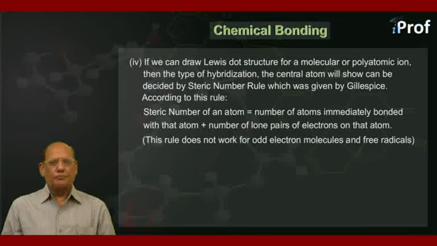According to this rule, the steric number of an atom is equal to the number of atoms immediately bonded with that atom plus the number of lone pairs of electrons on that atom. Mind it, this rule does not work for odd electron molecules and free radicals.